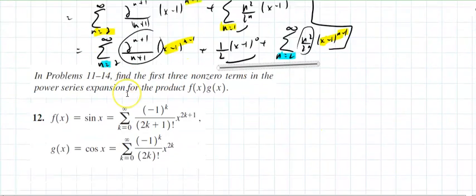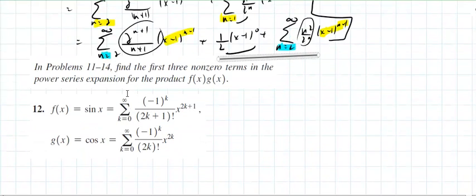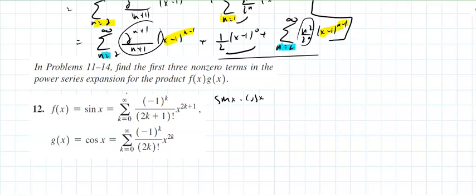What if I wanted to multiply those two? Well, to multiply them, you really want to write them in expanded form. So if you look carefully, k equals 0, that's going to give me a positive x, k equal 1, negative 1 over 3 factorial x cubed, plus n equal 2 positive x to the 5 over 5 factorial.